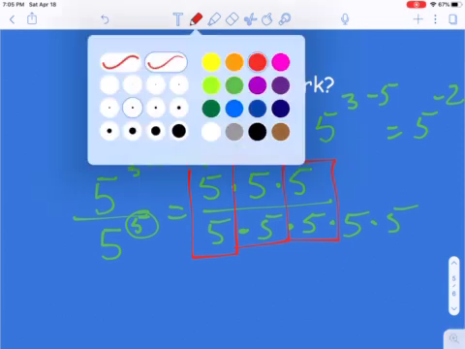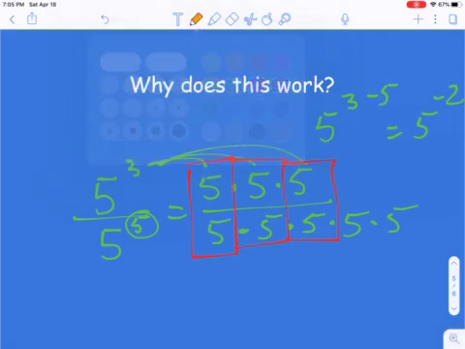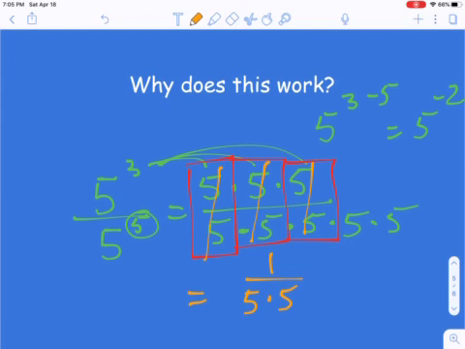So you have 5 over 5, and that's going to cancel out and give me basically 1. Another one cancels, and then another one cancels. And so that leaves me 1 over 5 times 5. Sorry, I should probably extend that fraction sign.